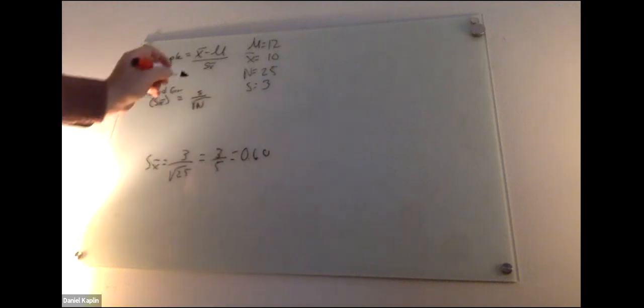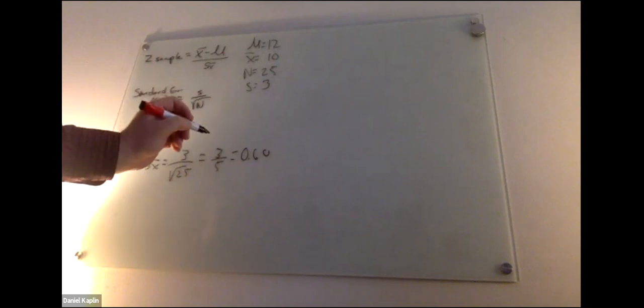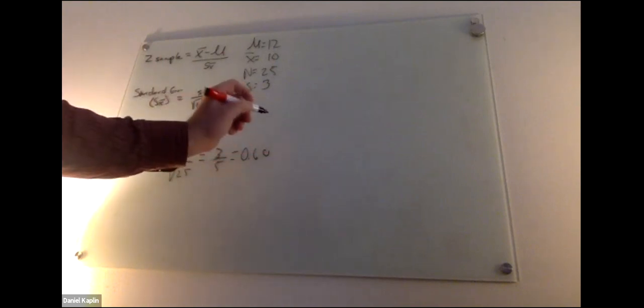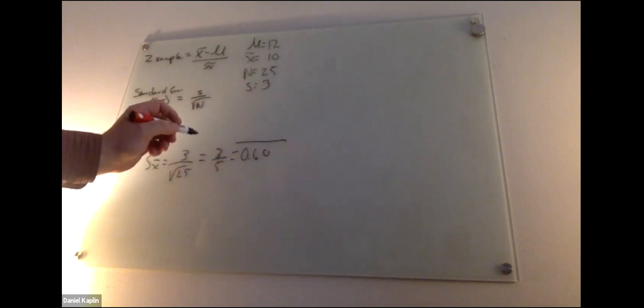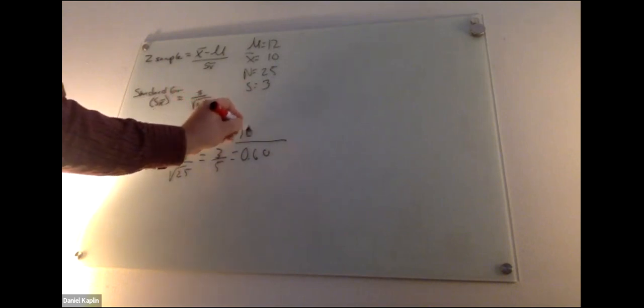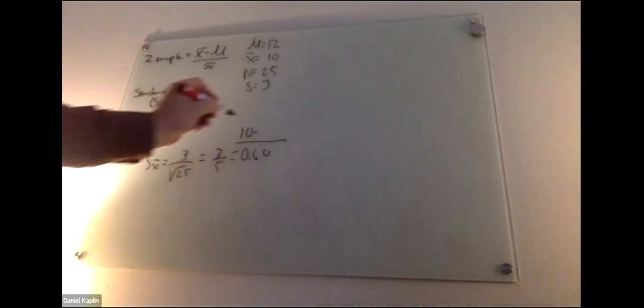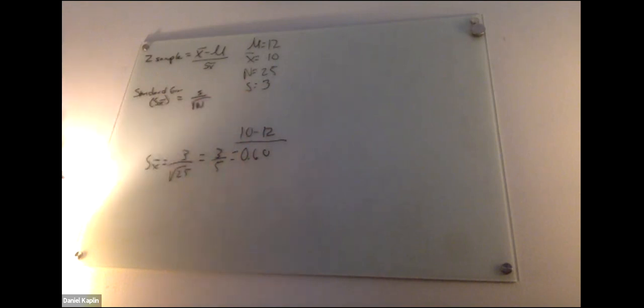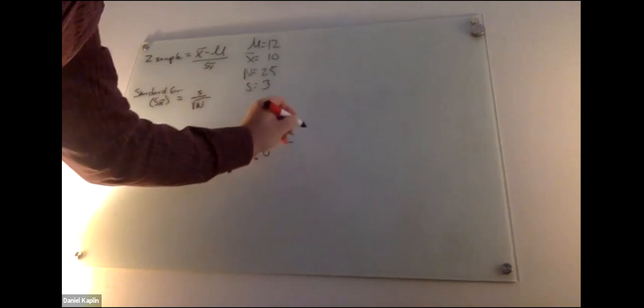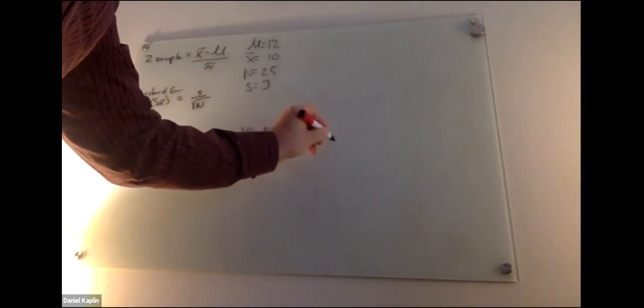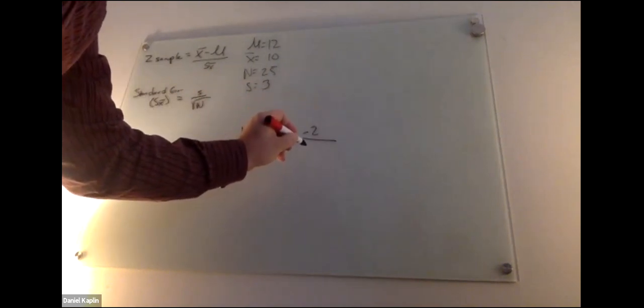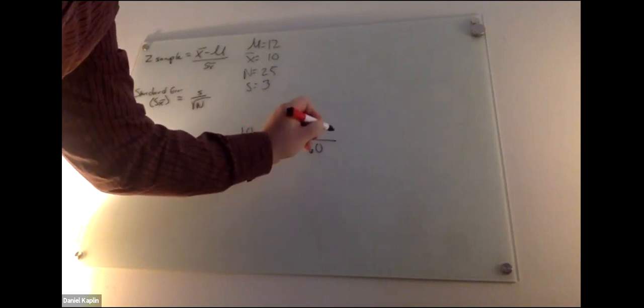Now, so I have my standard error of the mean. And then in order to calculate the z-score, what I'm going to do is 10 minus 12. And when I do 10 minus 12, I get -2 on the top. I get 0.60 on the bottom.